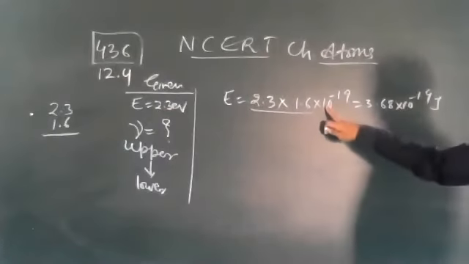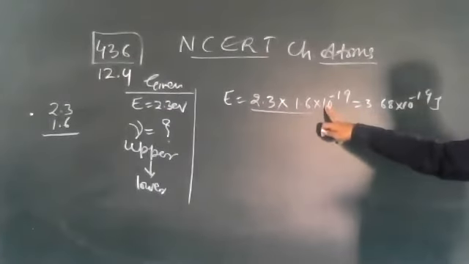Write down. Then the formula for energy is E is equal to h nu. You can write nu is equal to E by h. Nu is equal to E by h.